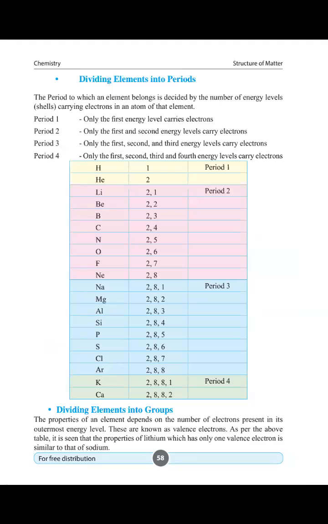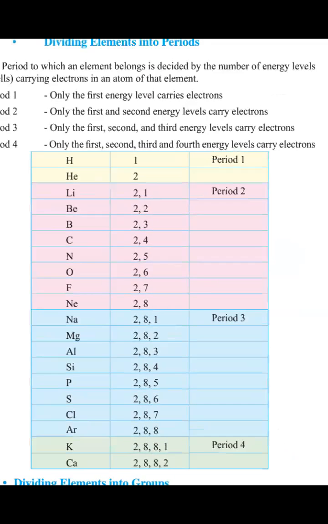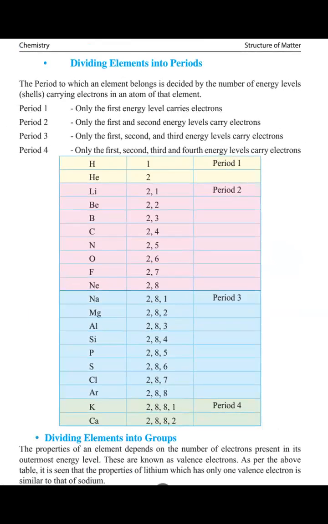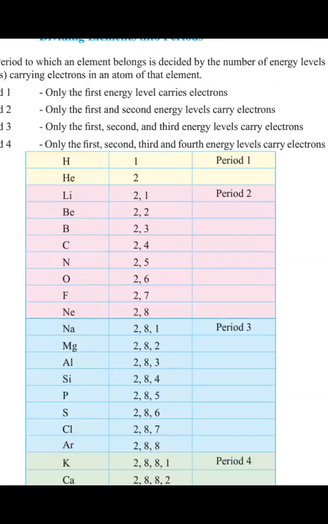So the number of energy levels with electrons determines the period. Hydrogen, helium, period 1 or the first row. Lithium to neon, second row. Sodium to argon, third row. Potassium, calcium, fourth row. That is with the help of the number of energy levels.